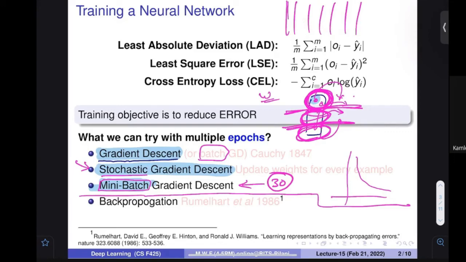So the interesting idea came around 1986, called back propagation. A very interesting paper, Learning Representations by Back-propagating Errors. This is a good paper, and you also know that in neural network history this paper has a very significant contribution, as it provides a way to find the weights when you have a very big network.